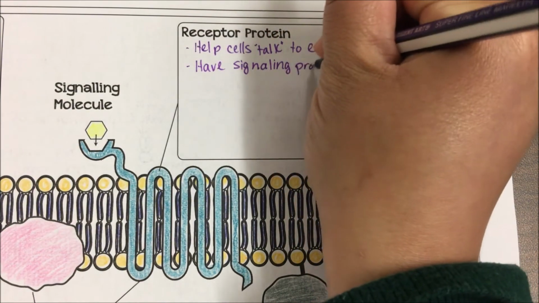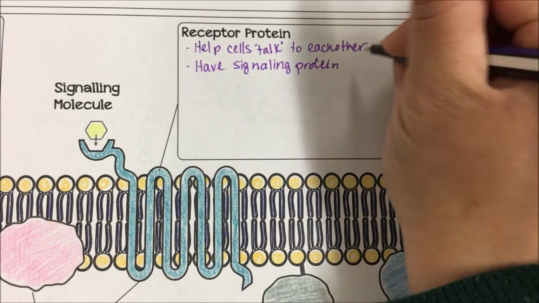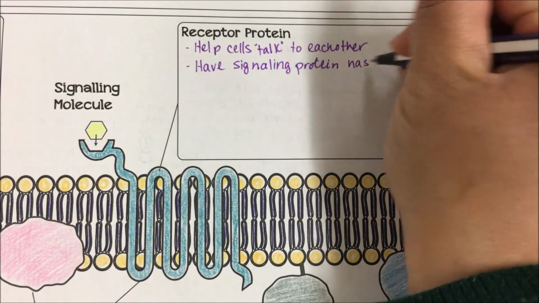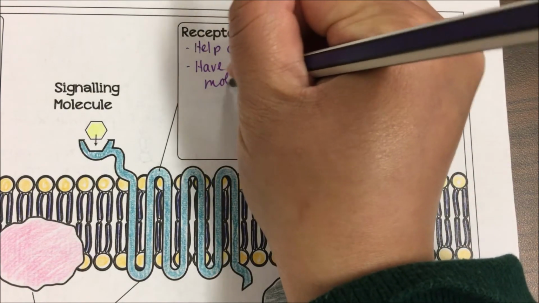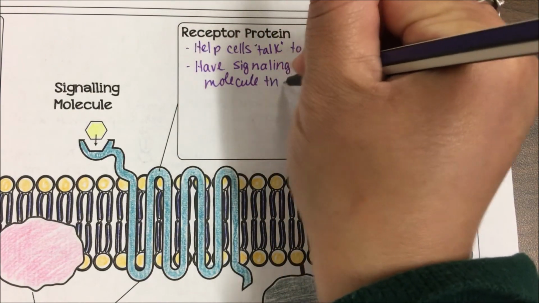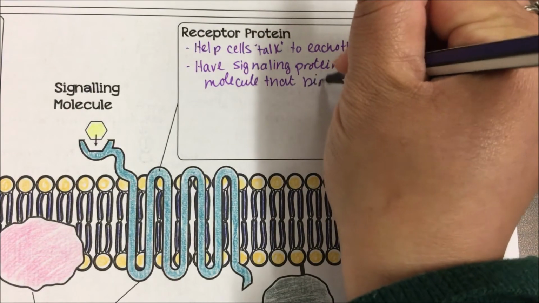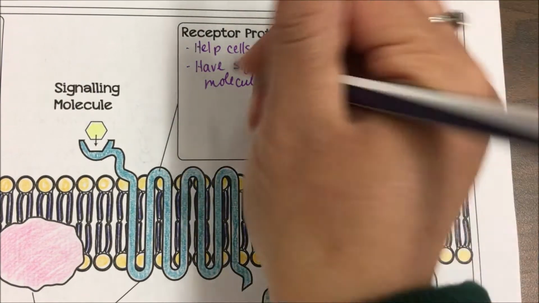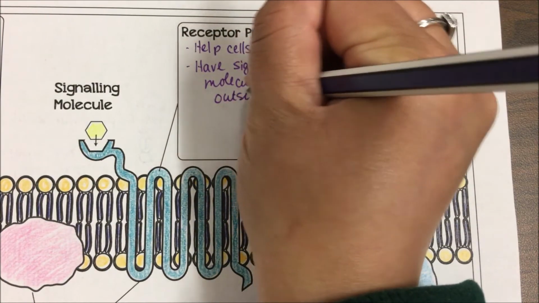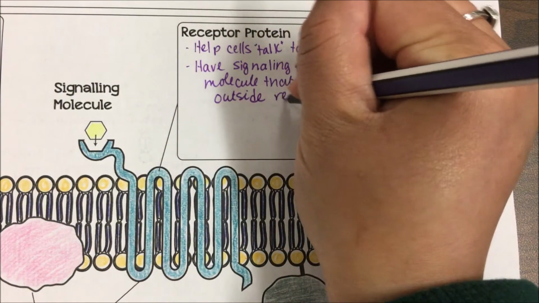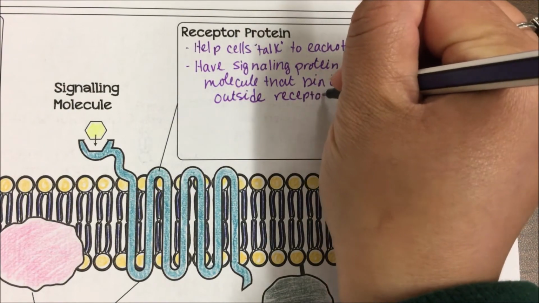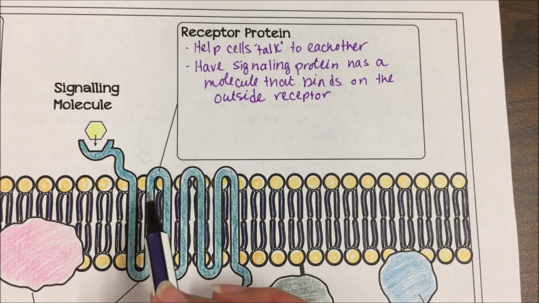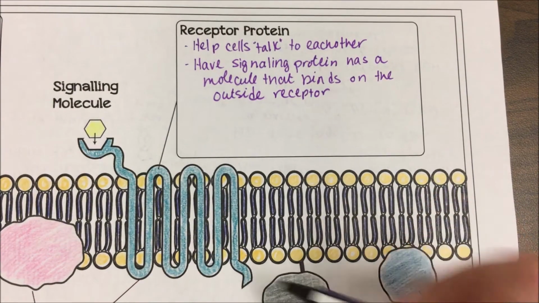The signaling protein will have a molecule that binds on the outside, and we call that a receptor. What ends up happening is this protein is going to change shape and it's going to signal a protein to do something on the inside.